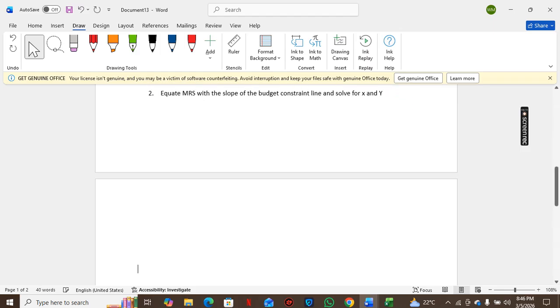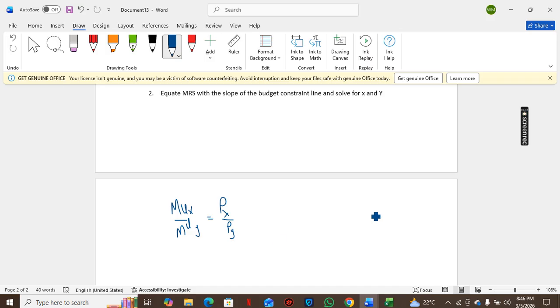Remember the point of utility maximization. That's what we're doing here, the point of utility maximization, where MUX over MUY equals the price of good X over the price of good Y.